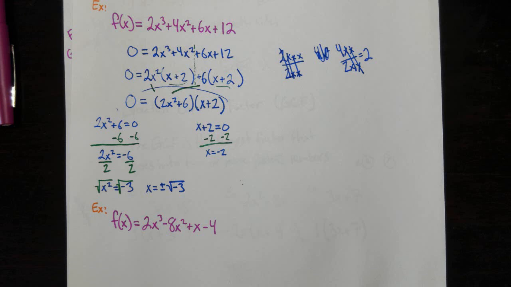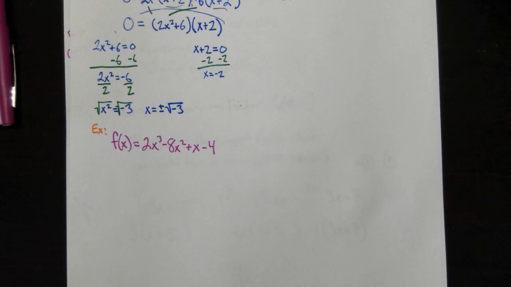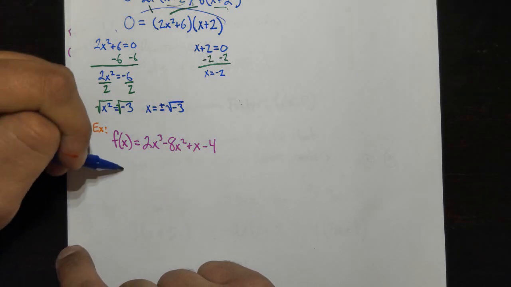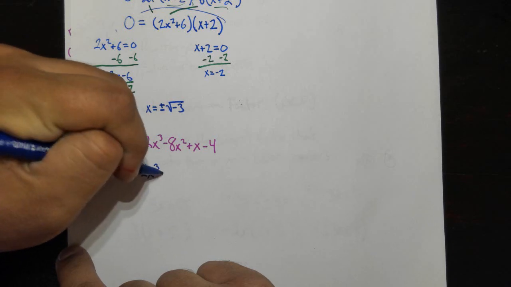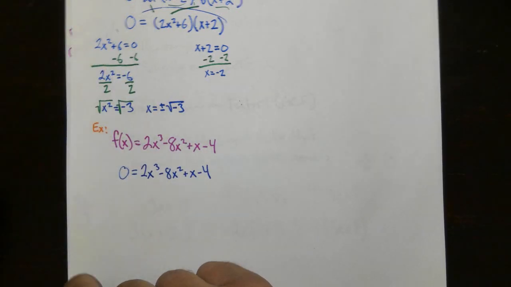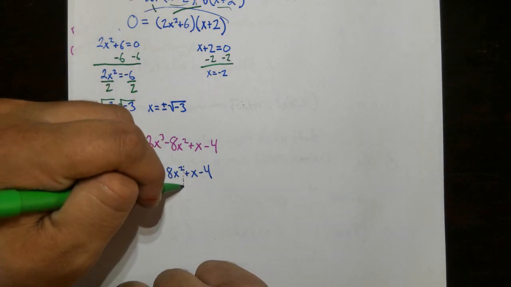Okay, so let's take a look at this next one here. And okay, so first step, set the whole thing equal to 0. And then we want to take the greatest common factor of both sides.